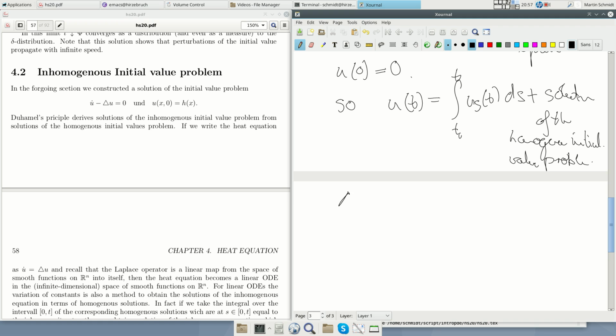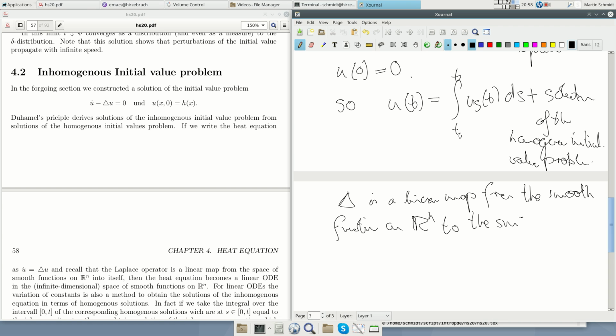The Laplacian is a linear map from the smooth functions on Rn to the smooth functions on Rn.